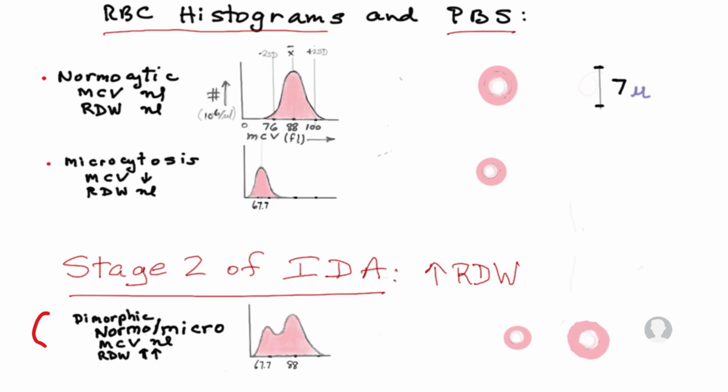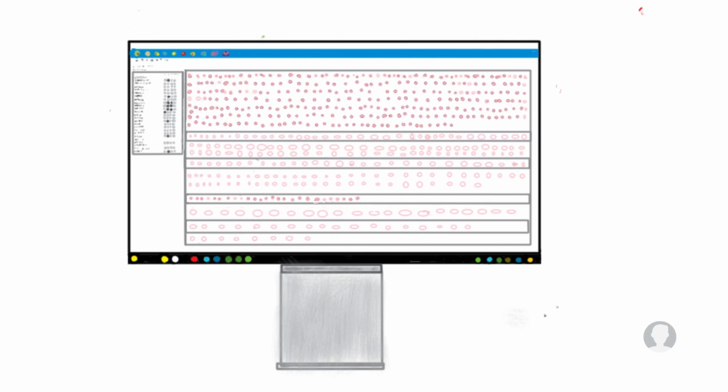When the iron stores are depleted, iron-restricted erythropoiesis affects the RDW with appearance of microcytes in stage 2 of iron deficiency. Let's see what these iron-deficient red cells look like under the microscope.